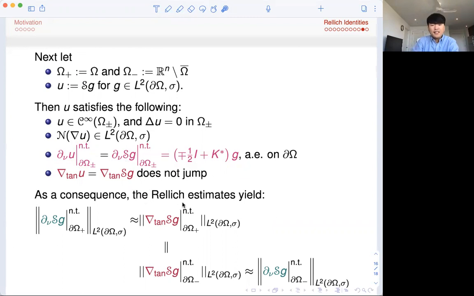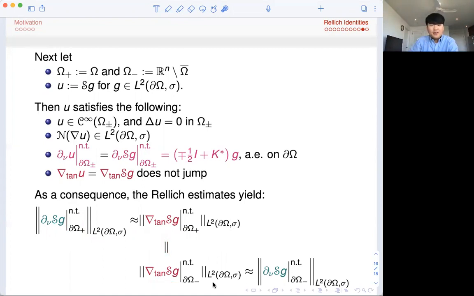And from the Rellich estimate, the non-tangential trace on the boundary of omega plus of the normal derivative of the single layer of g in L2 is equivalent to the non-tangential trace of the tangential gradient on the boundary of omega plus. And the tangential gradient does not jump. So this is equal to this on the boundary of omega minus.